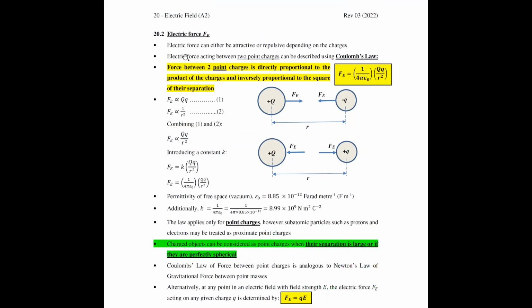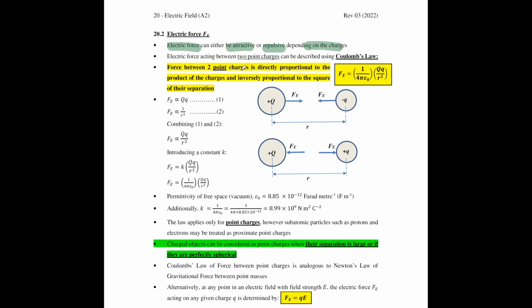Then we move on to a next concept called electric force. If you want to calculate the magnitude of the electric force acting on a charge placed inside an electric field, there's a specific equation and law that you tend to refer to. It was mentioned that electric force can either be attractive or repulsive depending on the charges that were used.